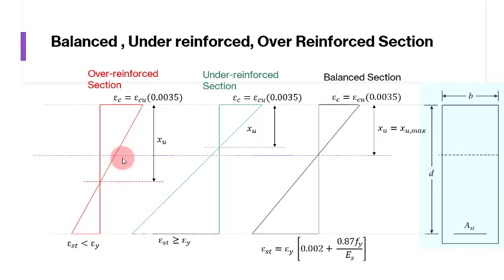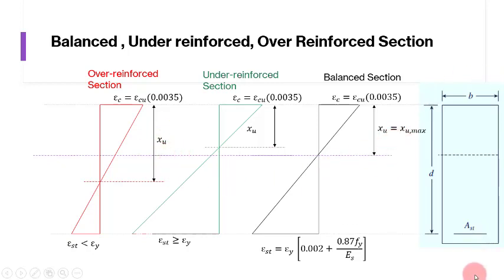Here you can see this neutral axis depth comparison. For an under-reinforced section, the neutral axis depth is less than the neutral axis depth of the balanced section, or xu is less than xu max. For an over-reinforced section, the neutral axis depth xu is greater than xu max.